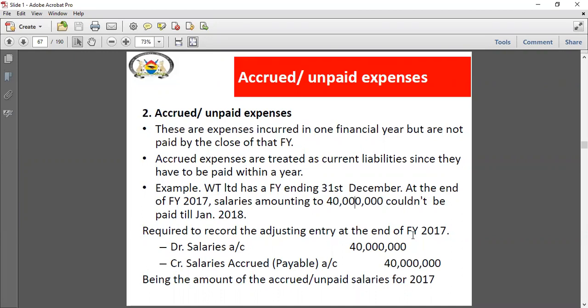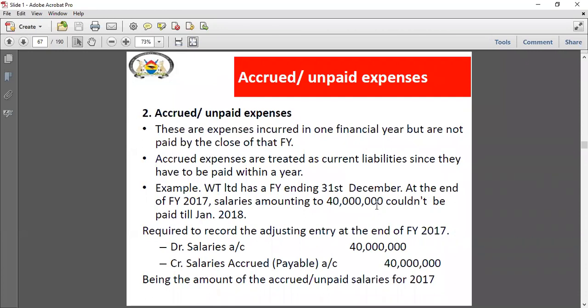salaries with 40 million. Now, the reason why we debit salaries with 40 million is because this amount has not been paid. It is much likely that it is not within our trial balance. It's not part of the balance that we have for salaries in our trial balance.